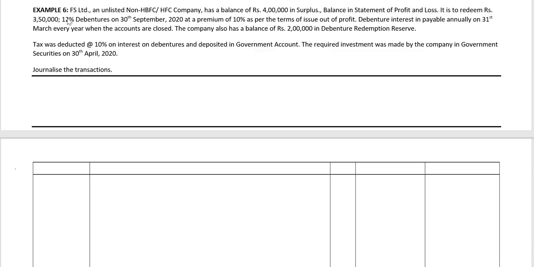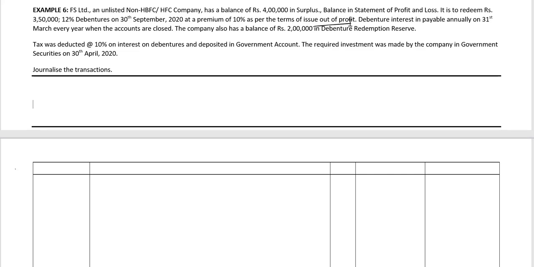Example 6. FS Limited, an unlisted non-HFC company, has a balance of rupees 4 lakh in surplus balance in statement of profit and loss. It is to redeem rupees 3,50,000 12% debentures on 30th September 2020 at a premium of 10% as per the terms of the issue out of profit.